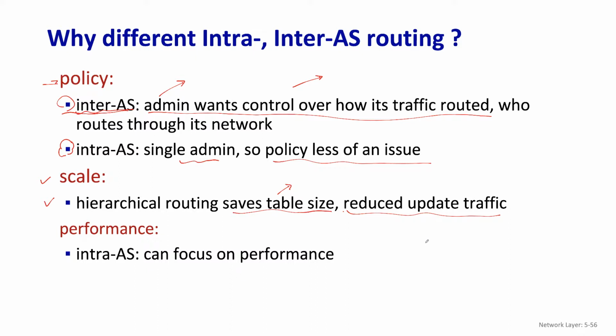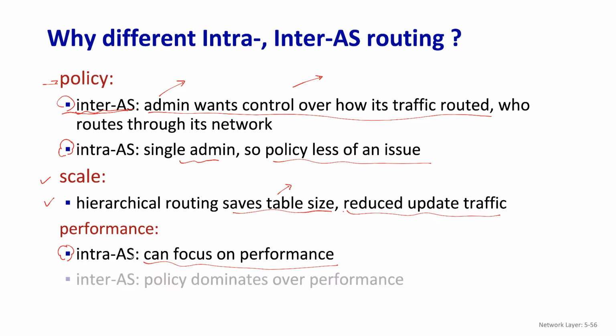As for performance, most of the time the intra-autonomous system can focus more on performance, whereas the inter-autonomous system will focus more on enforcing the policy. So as mentioned here, in the intra-autonomous system we are focusing more on performance, and in the inter-autonomous system we are focusing more on enforcing the policy.